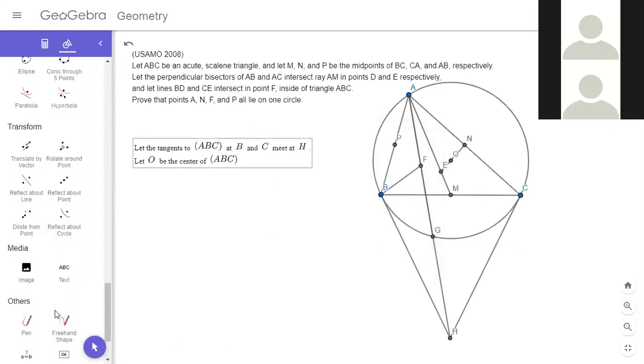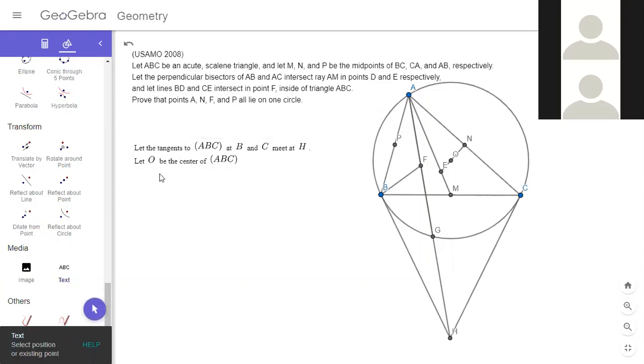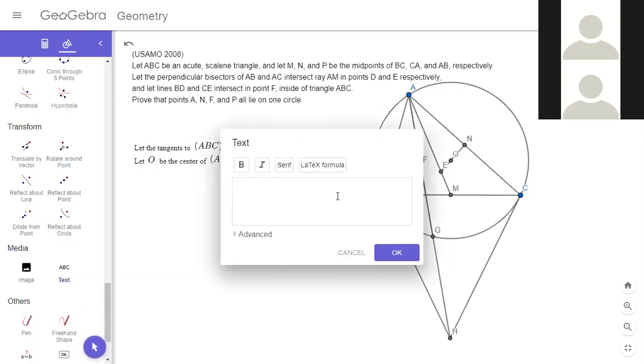Let AH meet the circle at G. So that means that AG is a symmedian. AG is the A symmedian.